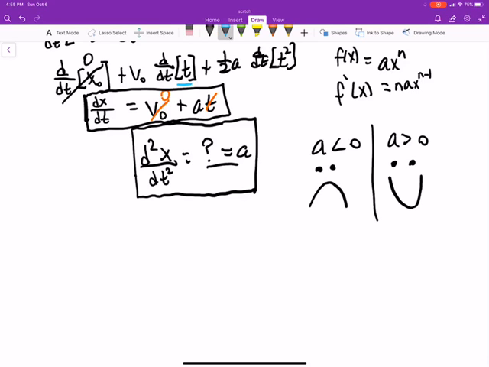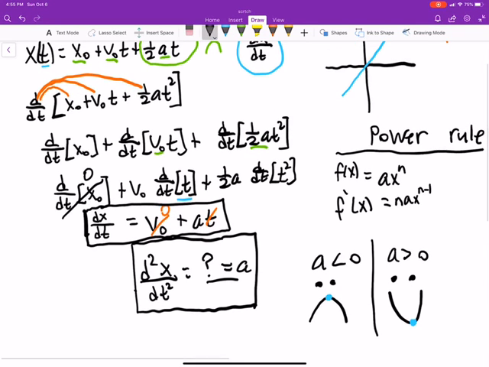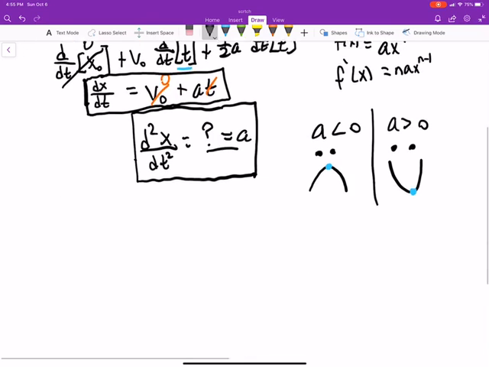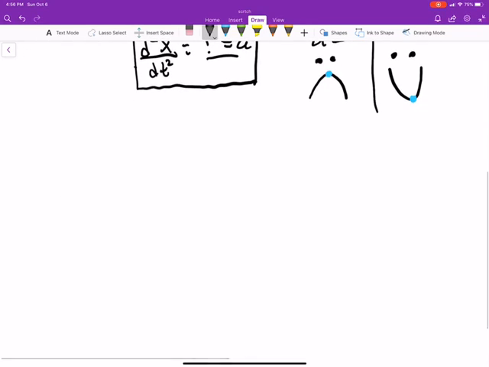So if x is less than 0, we could have a maximum. Over here, we could have a minimum. So that's one of the interpretations we can have from the second derivative. It tells you the bend of the graph, and that can help give information on if it's a max or min.